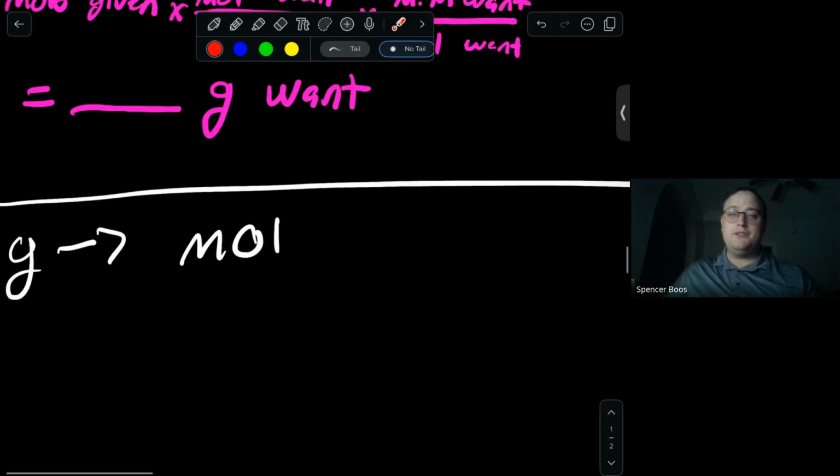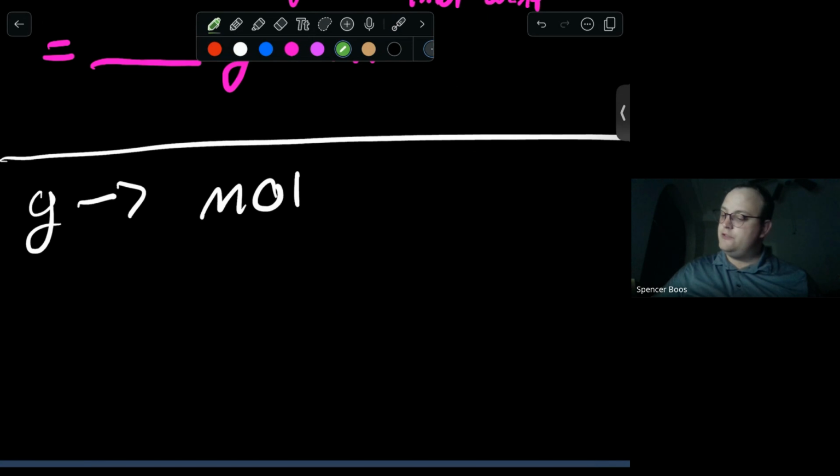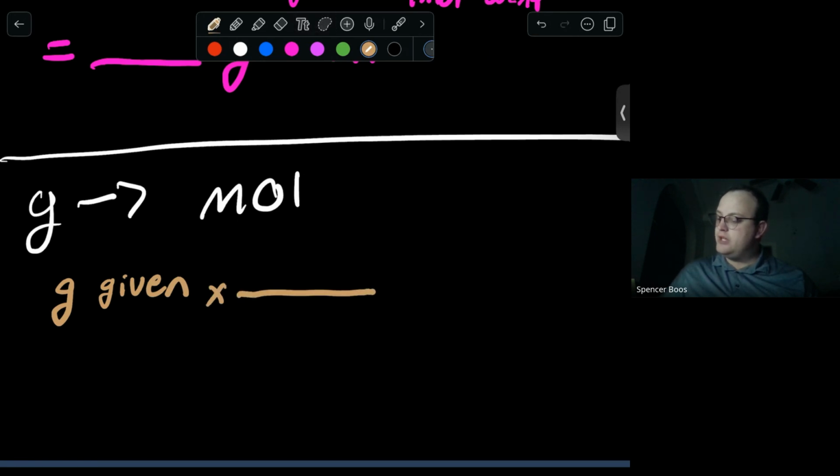But what if we're given grams this time instead? Does that change anything? Unfortunately, yes, it changes the entirety of our equation. You've got grams of your given. Now, for stoich, we need the molar mass, which is grams of your given over 1 mole of your given.